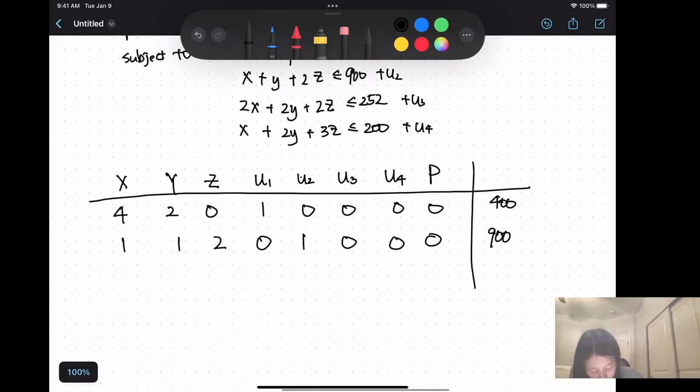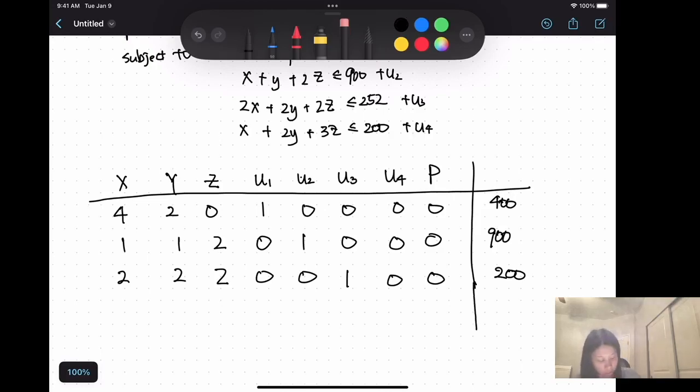The next one would be 2, 2, 2, 0, 0, 1, 0, 0, 252. Then the next one is x equals 1, y coefficient is 2, z is 3, 0, 0, 0, and u4 is 1, p is 0, and the total is 200.